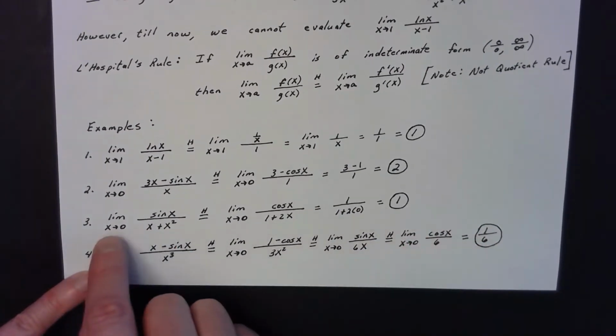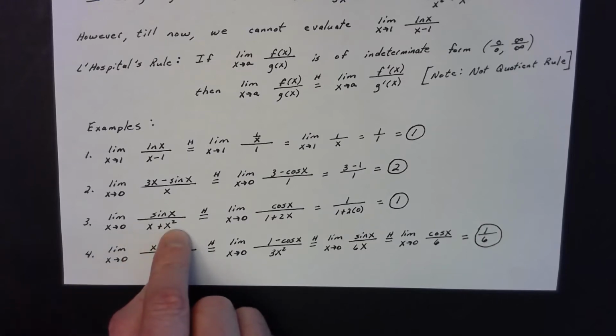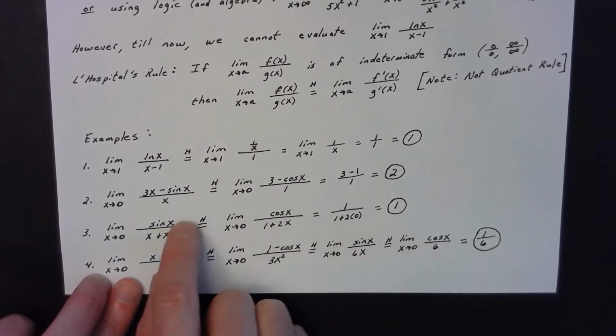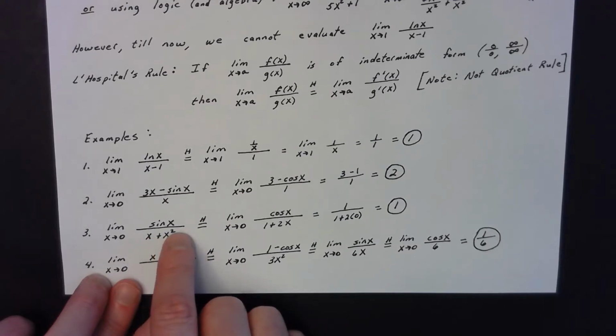Well, look at the third one here. It's going to remain the same for now. If I take the limit as x approaches 0 of the sine of x over x plus x squared, I can see L'Hopital is necessary because when you try to plug a 0 in the numerator, sine of 0 is 0. Any polynomial that doesn't have a constant is going to be 0 when you plug a 0 in.